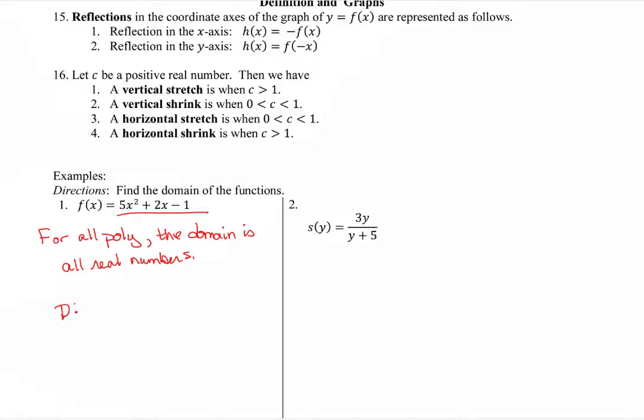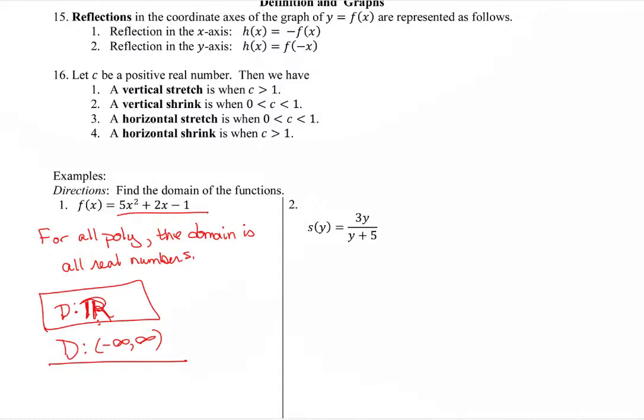You can write it with a bolded R. That's what these 2 lines mean, a bolded R. Or you can say domain is negative infinity to infinity. It just depends on whether WebAssign says give it in interval notation, which is the bottom one, or they say give a set, and this is the set notation.